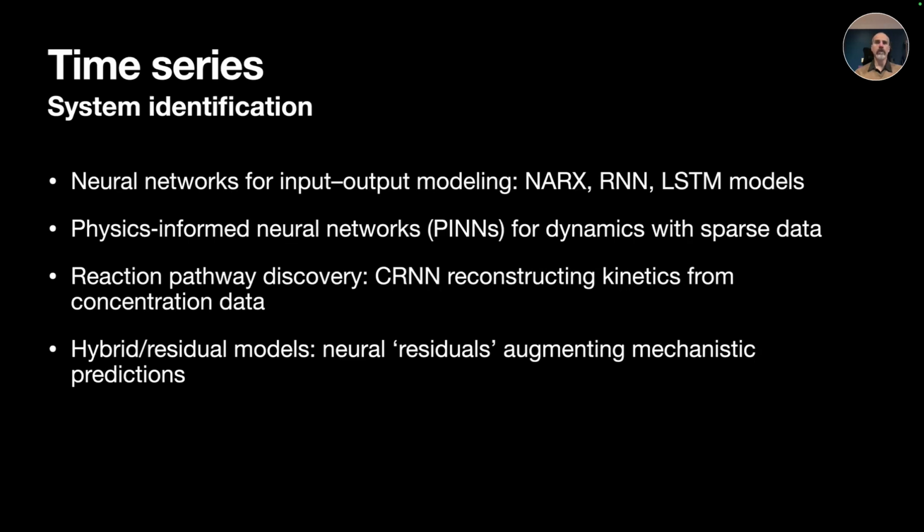So that means you are still able to solve the control problem with easy equations, but then you're able to add in additional predictions about how those things will be different by using this neural residual model.